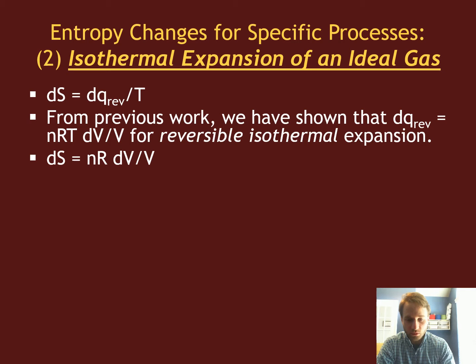For an isothermal expansion of a gas, whether it's done reversibly or irreversibly, we can imagine a reversible path that connects the same start point and endpoint. So let's say I start here and end there.